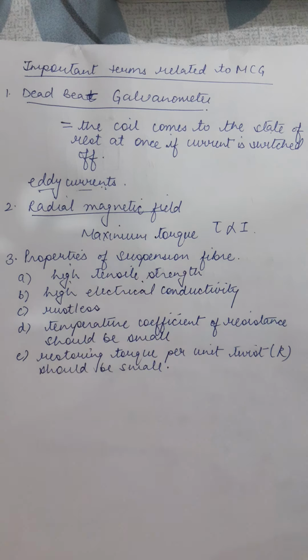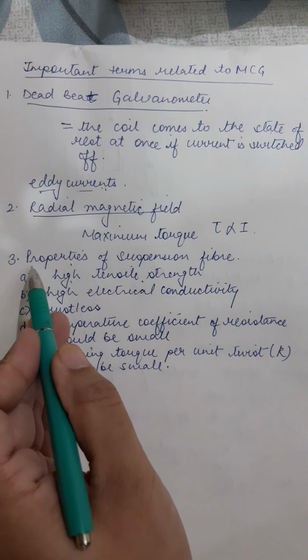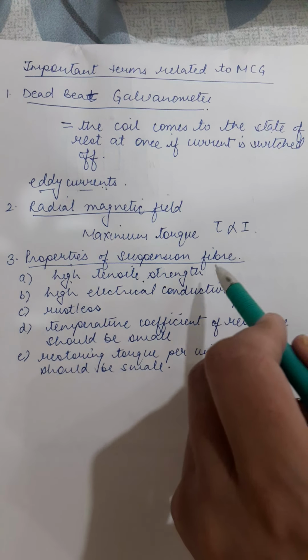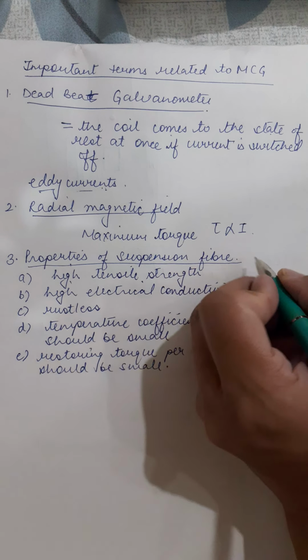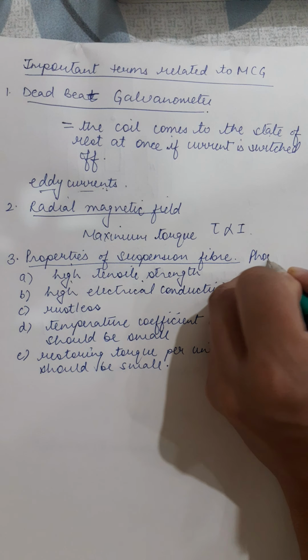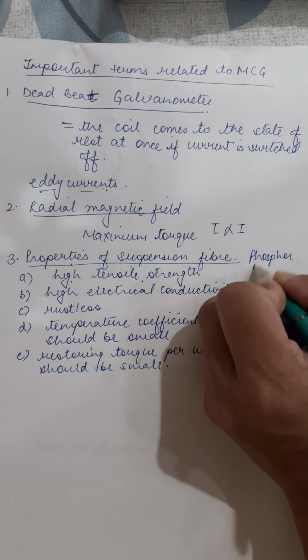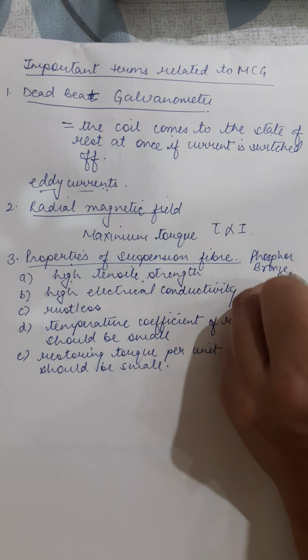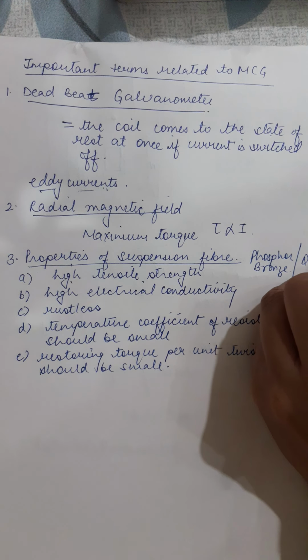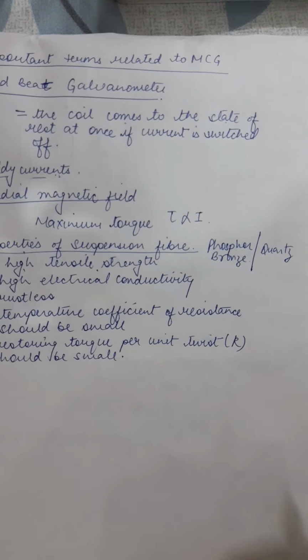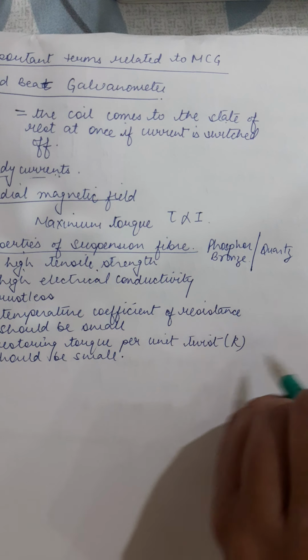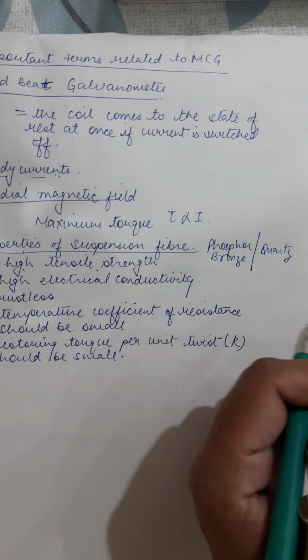And the next one are the properties of the suspension fiber, which we have chosen here as phosphor bronze, and it can also be quartz. Now why is a particular material to be chosen?